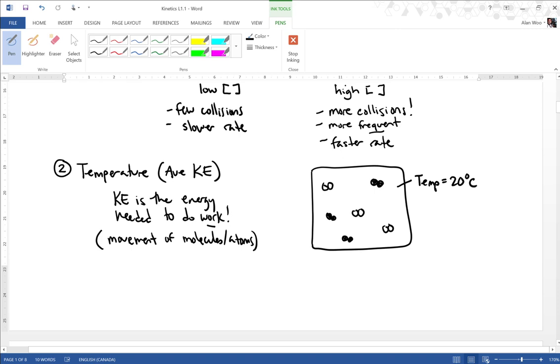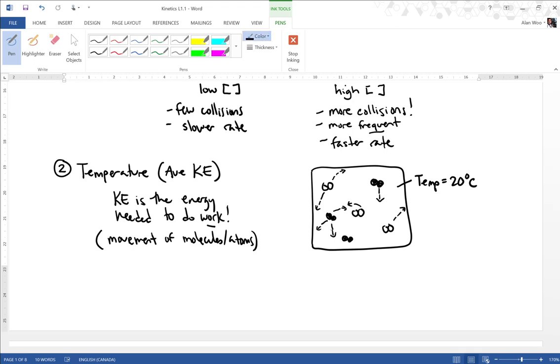What you would see is these guys would be moving slowly, and once in a while they may actually collide with another molecule, and perhaps the right molecule, but the movement is slow because there's not as much kinetic energy.